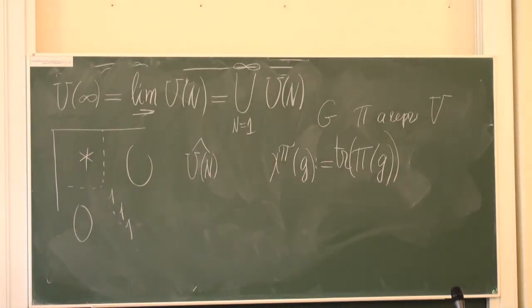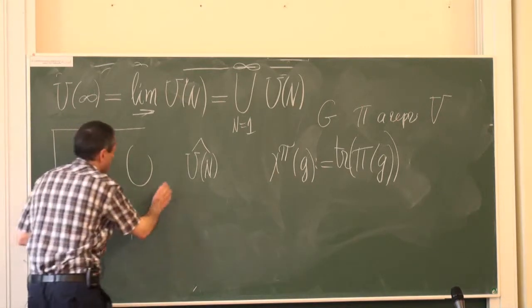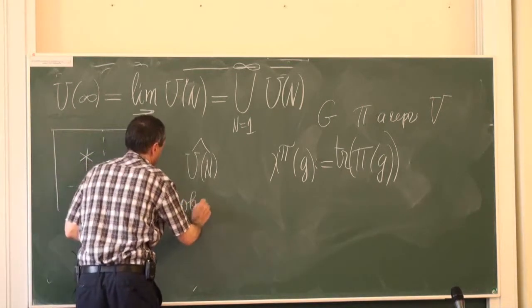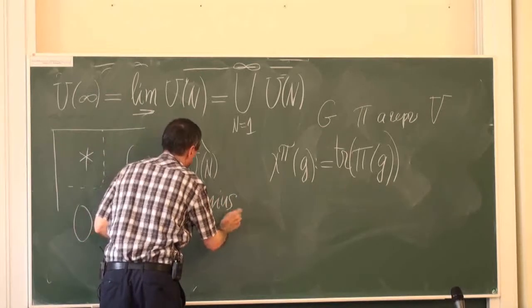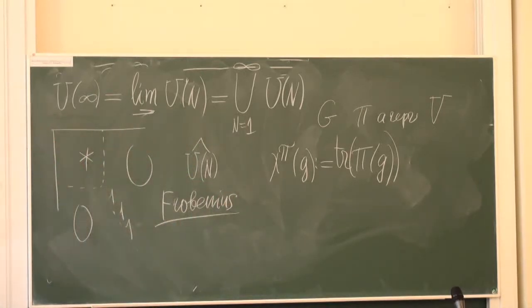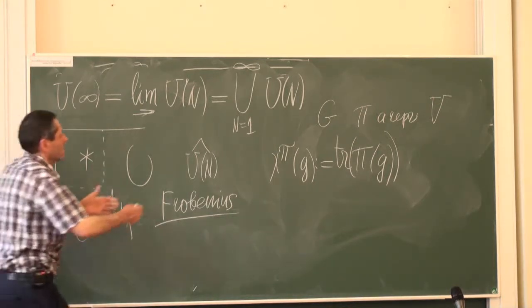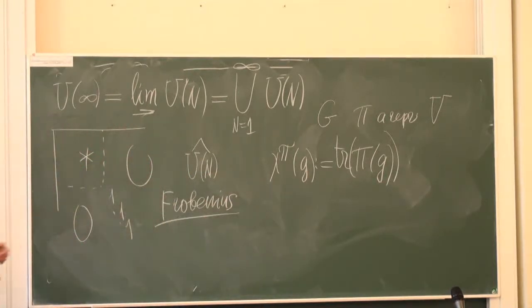This is essentially the definition which goes back to Frobenius, who defined the characters in this way. For finite groups and compact groups, we are interested mainly in irreducible characters, which are defined as traces of irreducible representations.